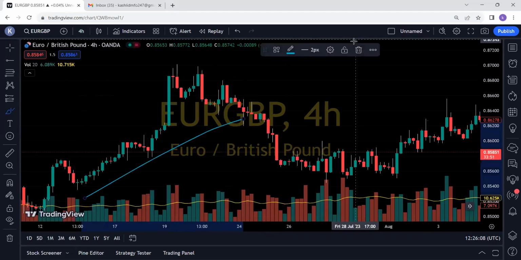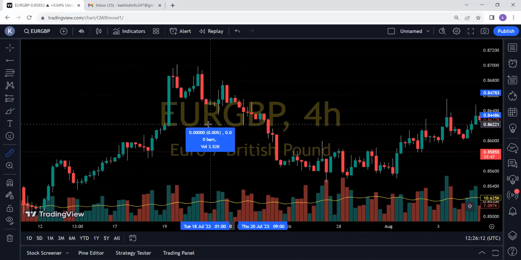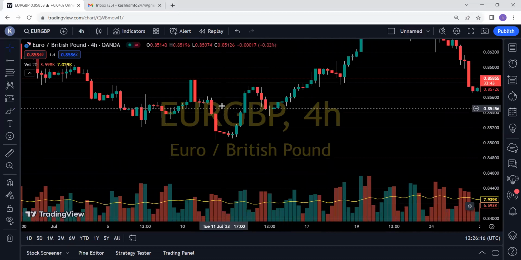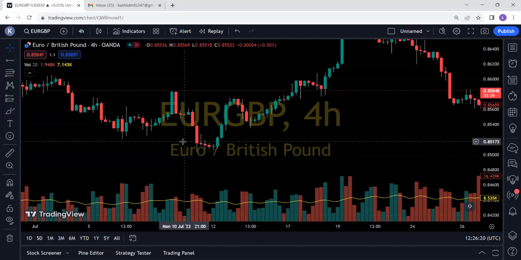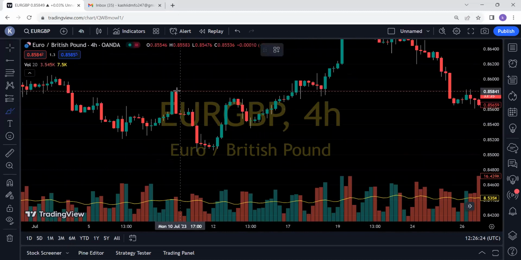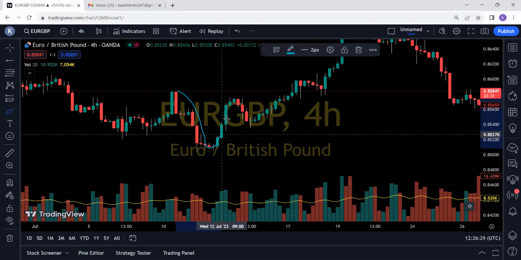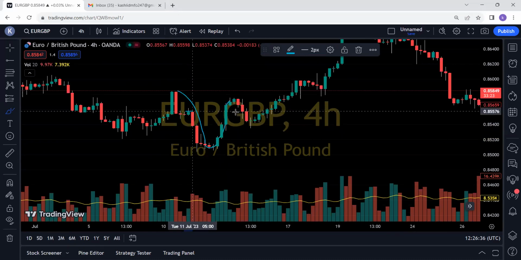So let us quickly look at the bullish counterpart. Now for the bullish counterpart, like I explained the other time, we have a push down here. This is a good example here. So I'll use my brush. We have a push down, like I said. Then we have a push up. Price breaks a particular level, which is an initial rejection, which was at this region here.